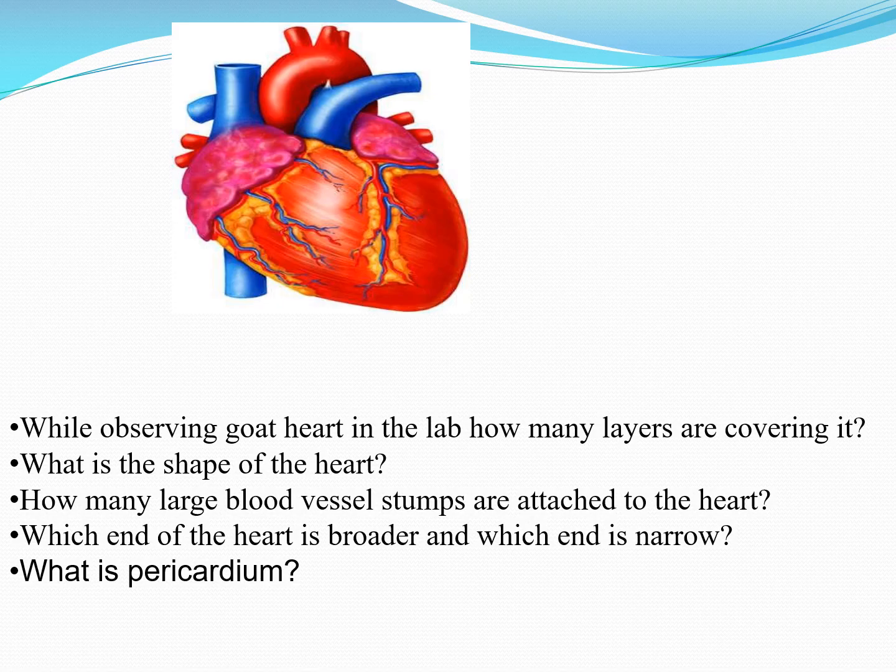Next, how many large blood vessel stumps are attached to the heart? Here in the diagram we can see 4 large blood vessel stumps attached to the heart. They are inferior vena cava, superior vena cava, aorta and pulmonary artery. Next question, which end of the heart is broader and which end is narrow?